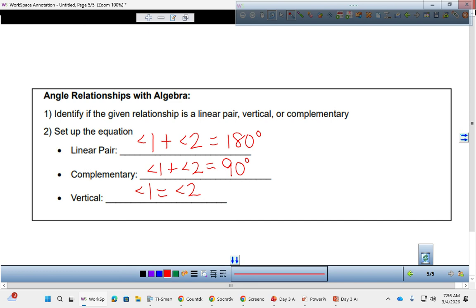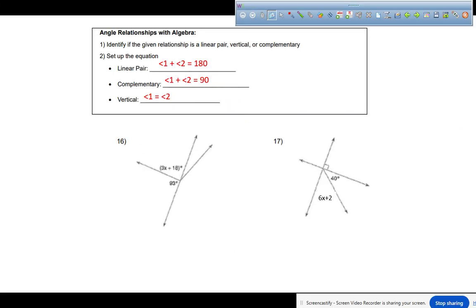These are equal relationships. So you see, we've got 3 different rules. The first step is, okay, what's the relationship? I'm not going to tell you, here's a linear pair, right? You're going to have to look at a picture, decide it's a linear pair, and then apply the rule. Okay? So let's look at some examples.